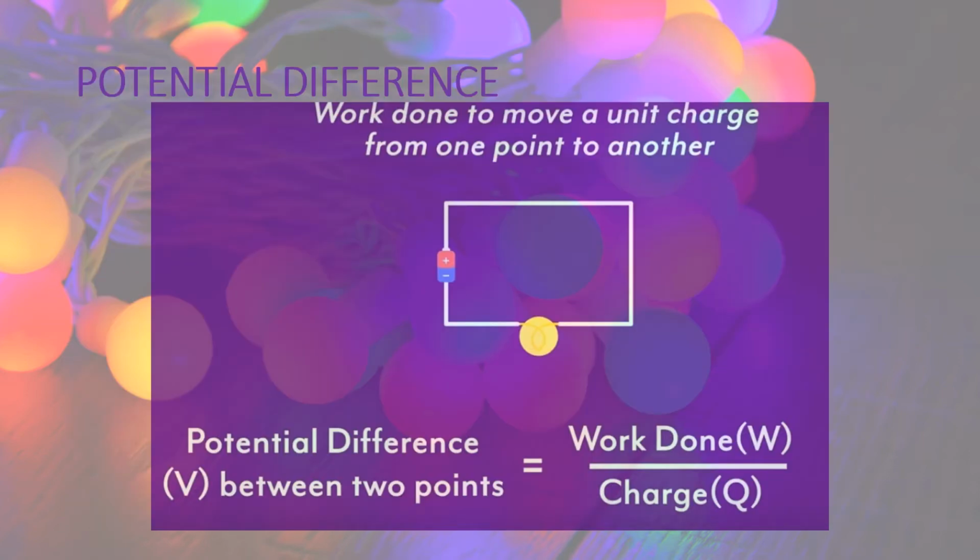So potential difference can be defined as the work done to move a unit charge from one point to another. Potential difference is denoted by V. Potential difference between 2 points is equal to work done by charge.